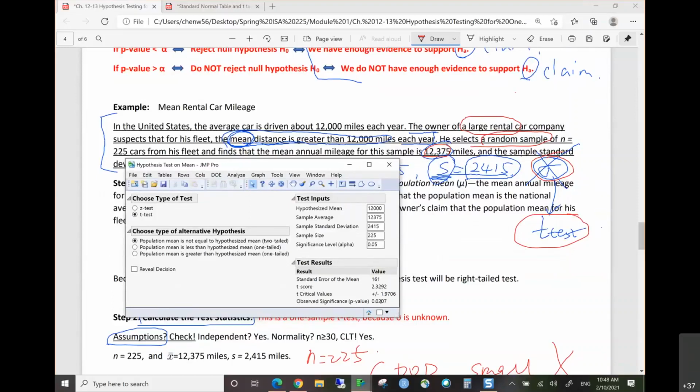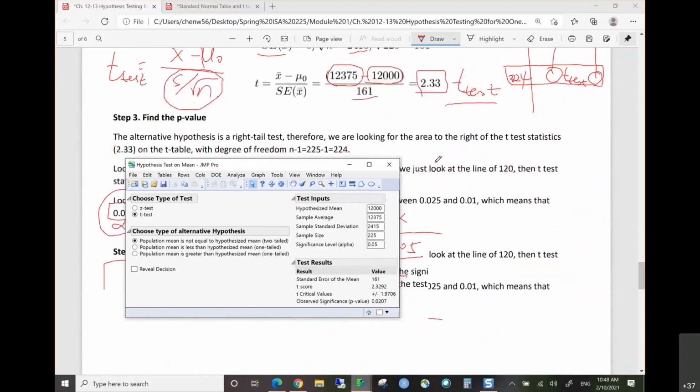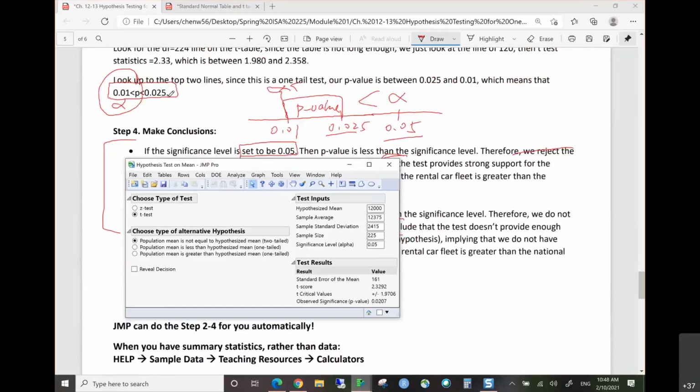So in JMP, the exact p-value will be given to you. But in our exam, in our example, we have the range of the p-value. This 0.02 is in this range, so no problem.